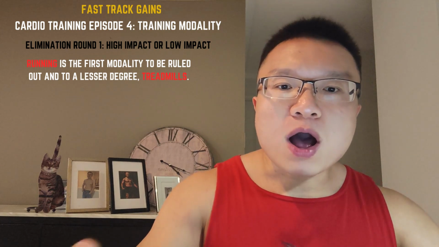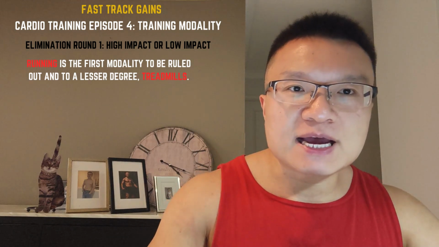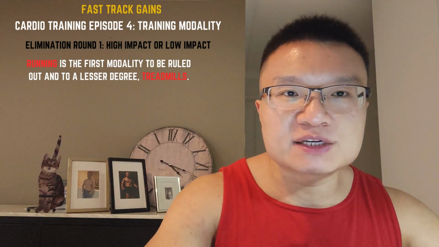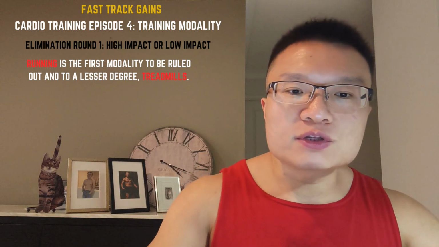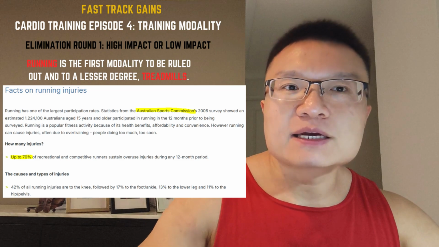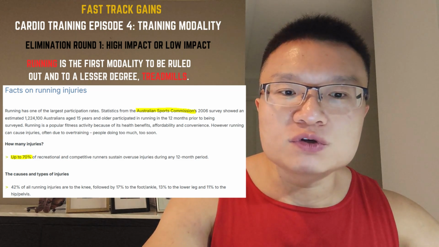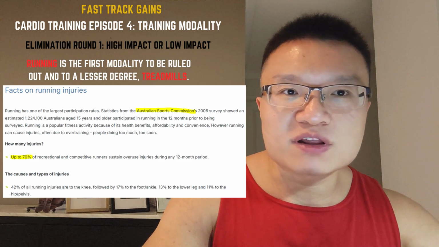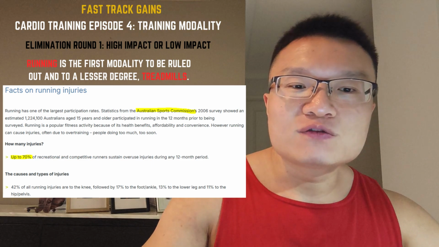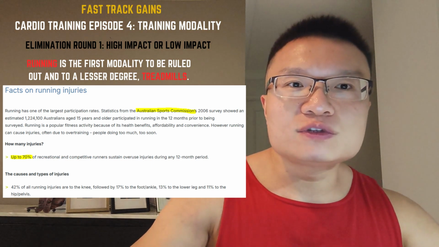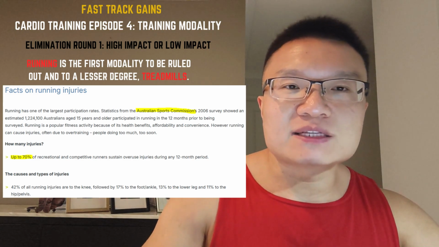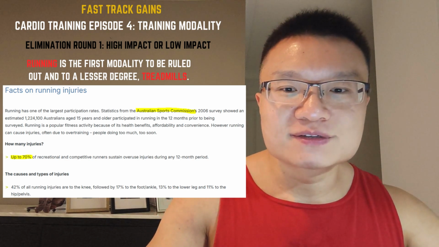In fact, while running may seem like one of the easiest exercises to do, it is actually one of the most injurious exercises worldwide. According to Sports Medicine Australia, up to 70% of recreational and competitive runners sustain overuse injuries during any 12-month period. 42% of all run injuries are to the knee, followed by 17% to the foot or the ankle, 13% to the lower leg, and 11% to the hip or the pelvis.